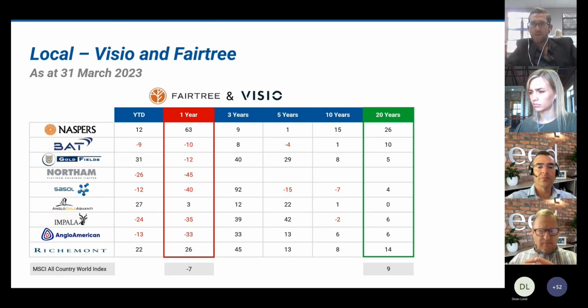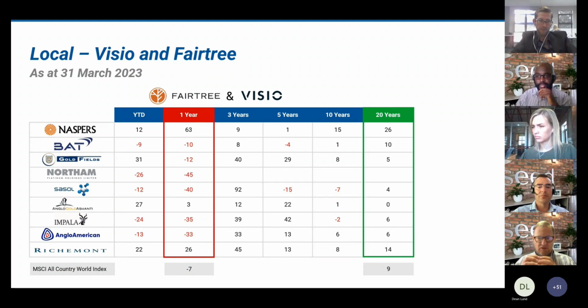And the picture here is that if we look at the South African context, in the current top 10, and that's not to say that there may be others, in the current top 10, there are 2 exceptions. That's Naspers and Richmond, which have produced a return in excess of the MSCI ACWI 9%.